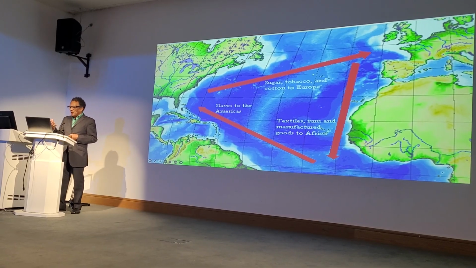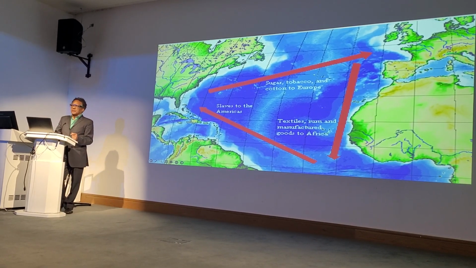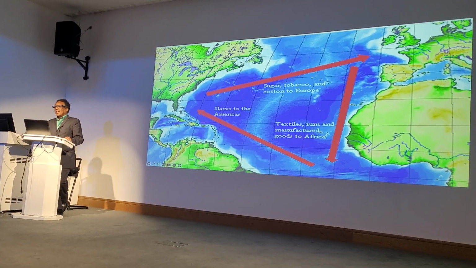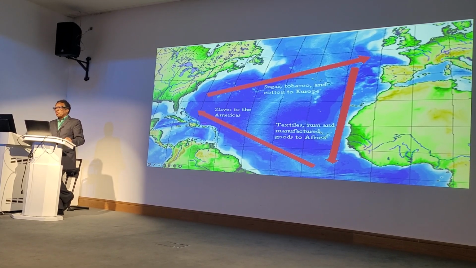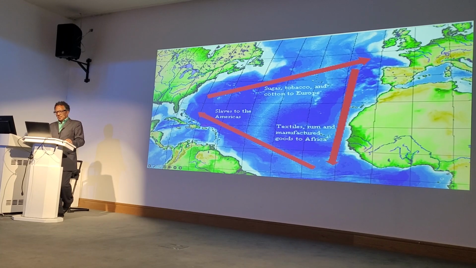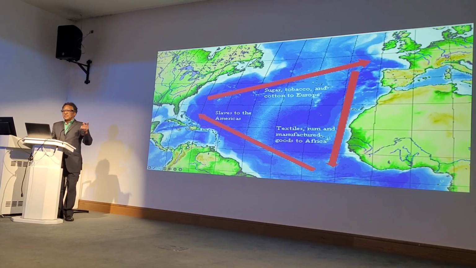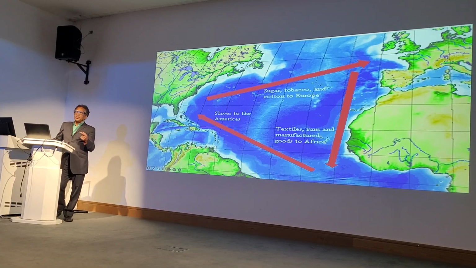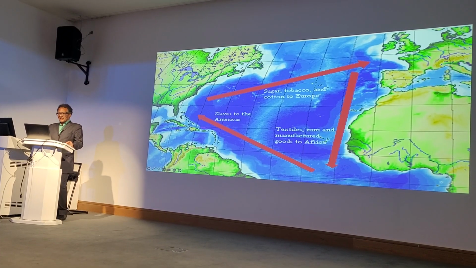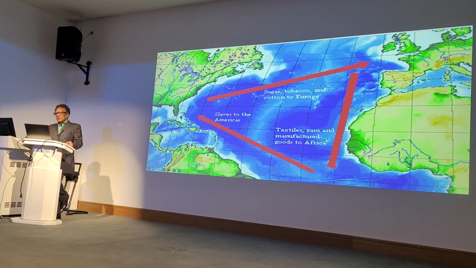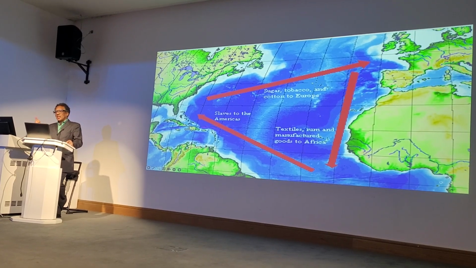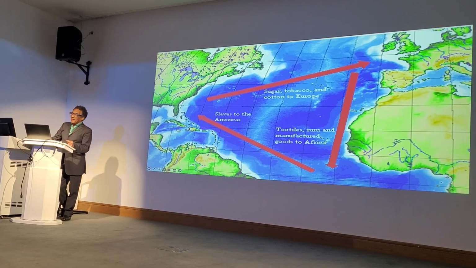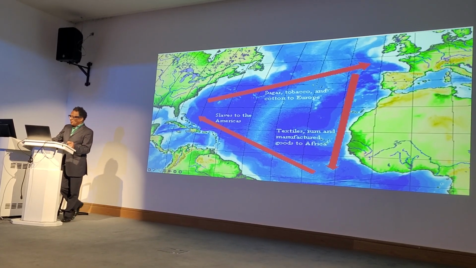You took finished goods, textiles, guns, and the like, to Africa and traded them for slaves. Then you took those slaves to the Americas, to the Caribbean, and sold them. You brought back goods from the Caribbean, and then you could sell into Europe and export them again. It was an essential part of the economy.